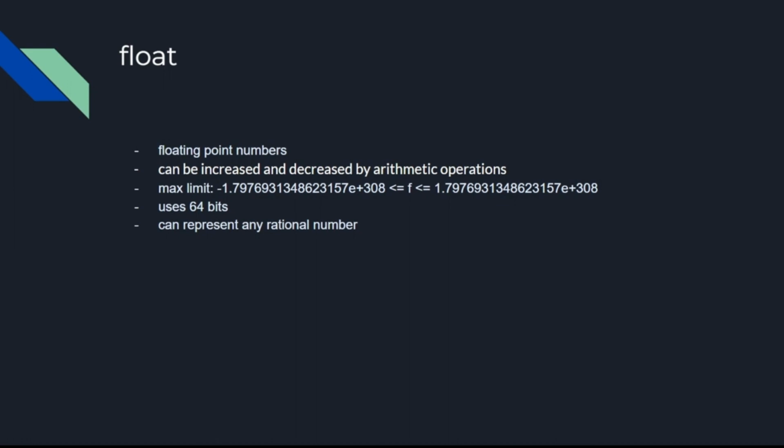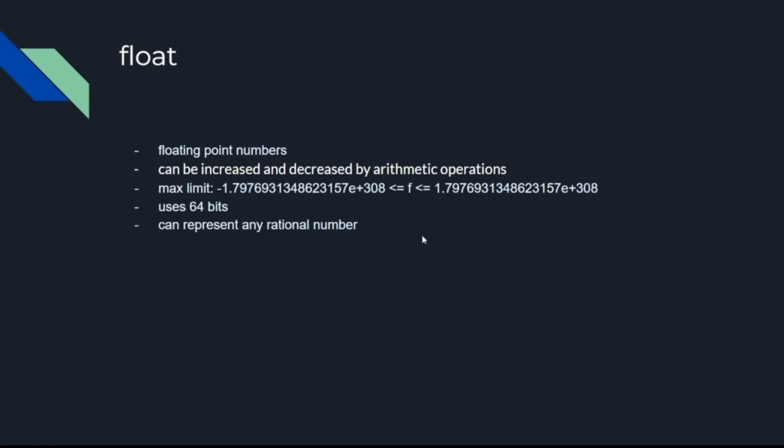I'm pretty sure in languages like C or Java, your integers have a size of 32 bits. I don't know if this also goes for Python, but floats use 64 bits in Python. Yeah, and they can represent any rational number, of course, only any rational number which is in the limit I mentioned above.